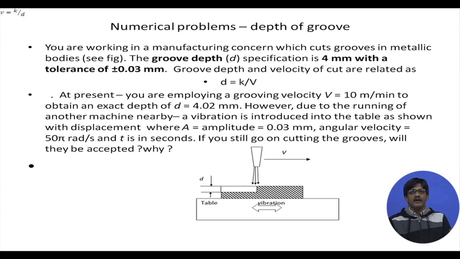However, due to running of another machine nearby, a vibration is introduced into the table as shown with displacement. Just a moment, this expression of displacement has not come in. We can consider it this way, that this particular vibration has an amplitude of 0.03 millimeters and an angular velocity of 50 pi radians per second.